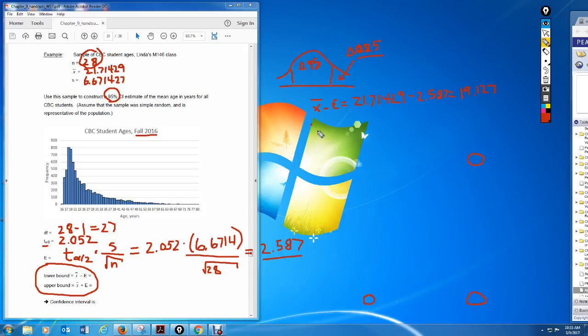And then to get the upper bound, I'm going to take the sample mean plus the margin of error. So now I'm doing this same number plus this same number. All right, you should find that is about 24.301.